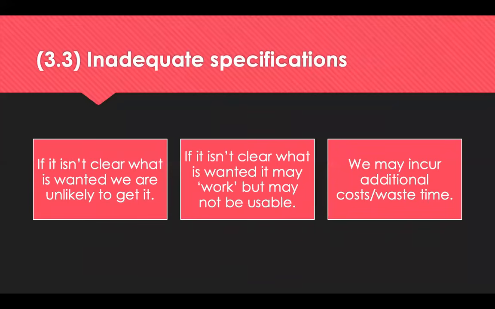If we just ask someone to paint our living room, we can't complain if we don't like the colour. That basic principle applies to specifications. With an inadequate specification, if it isn't clear what is wanted, we're unlikely to get it. It may work but may be unusable, and we may incur additional costs and waste time.